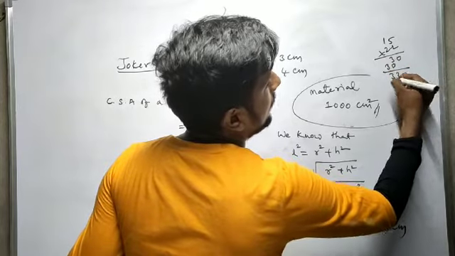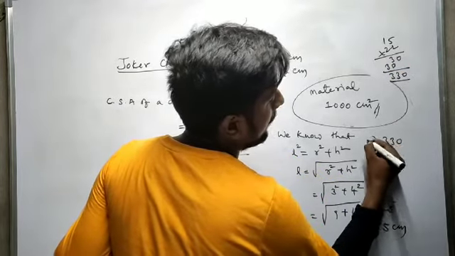So overall 330. Correct? So 330 again we are dividing by 7.